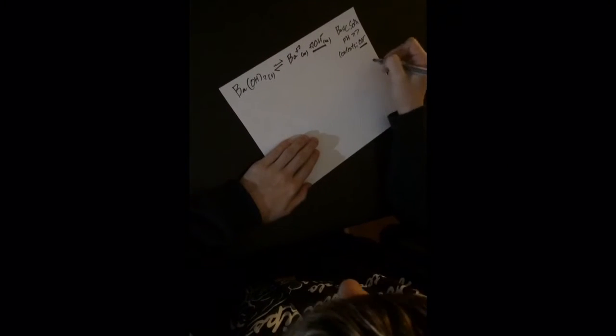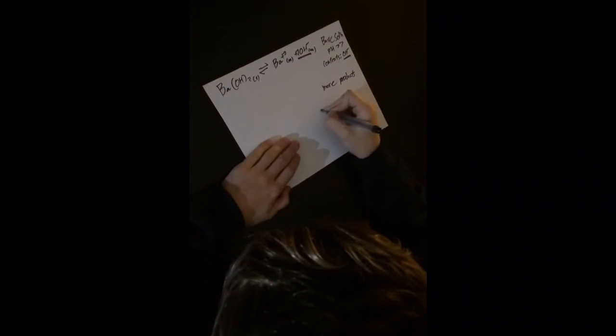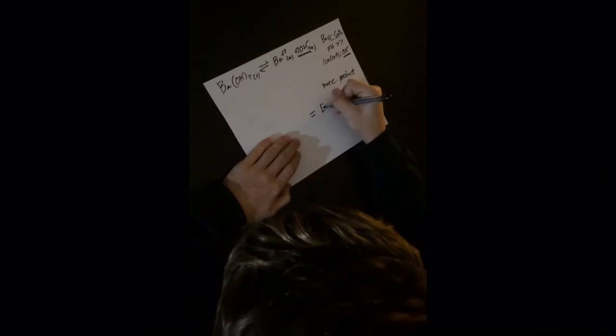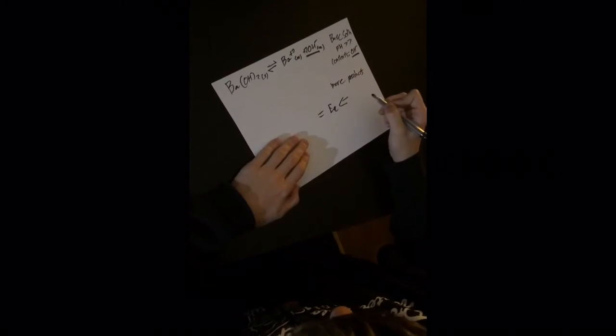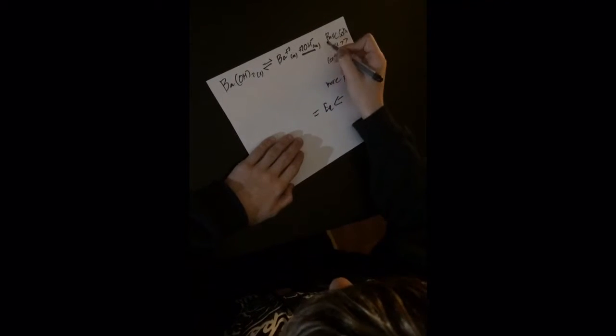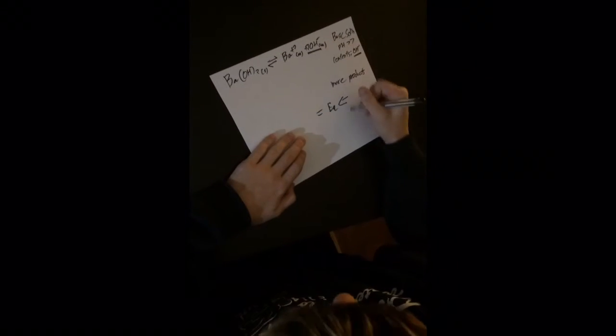And it would be like adding more products into this. So as we learned earlier, more products equals equilibrium shifted to the left. So in this case, if we had this, less products would be formed.